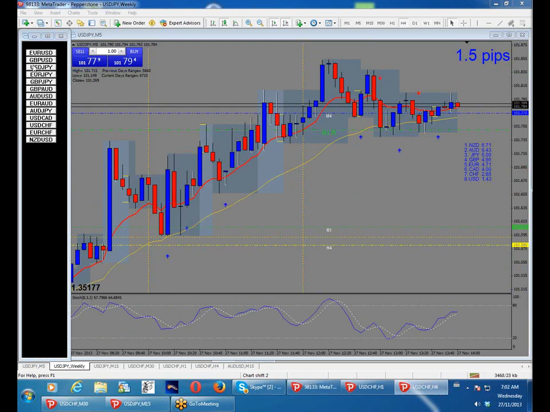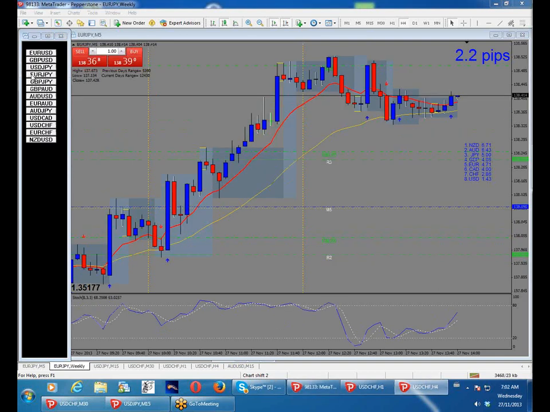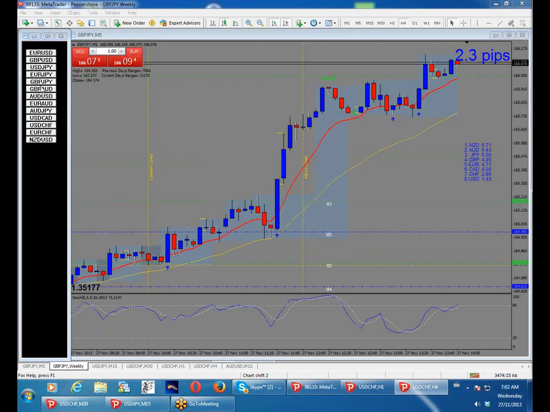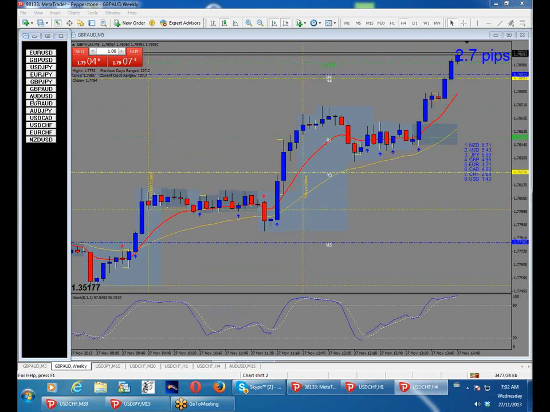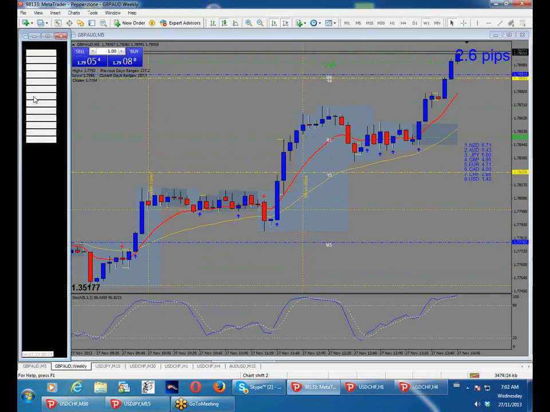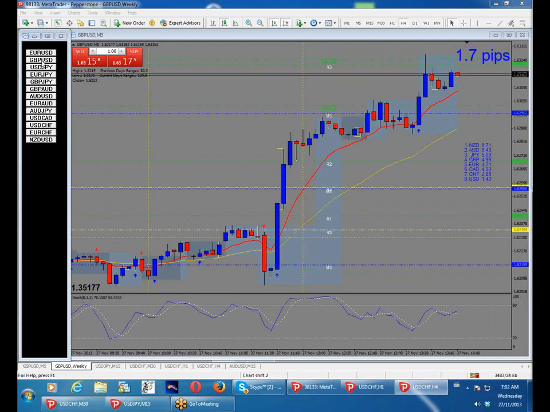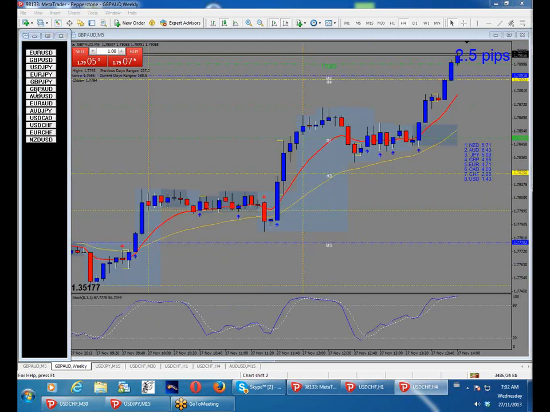Yeah, we ought to be getting a little bit more movement here in this hour. No break on the euro dollar or the euro yen. No, not yet. And the pound hasn't broke the outside bar either. Looks like the only thing screaming is Aussie dollar and Aussie yen.